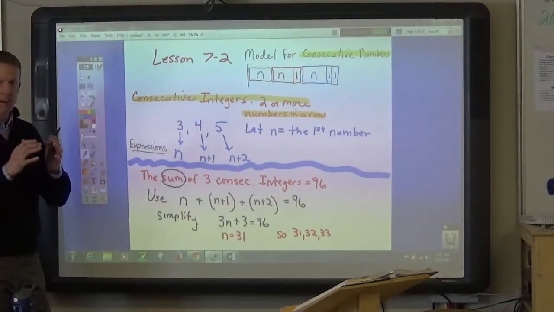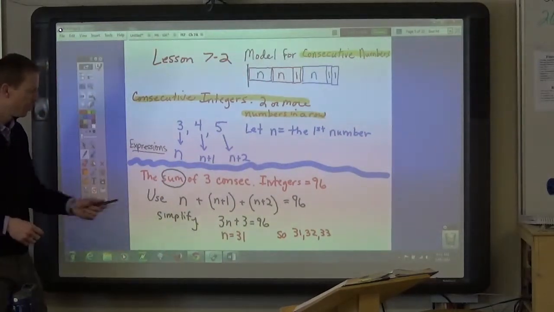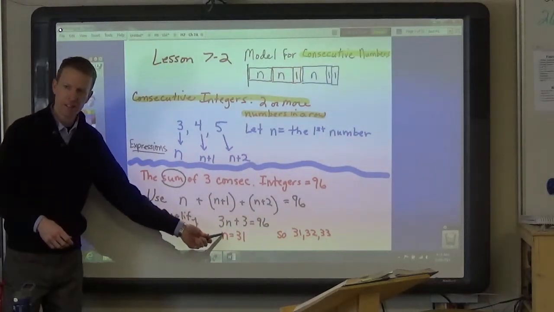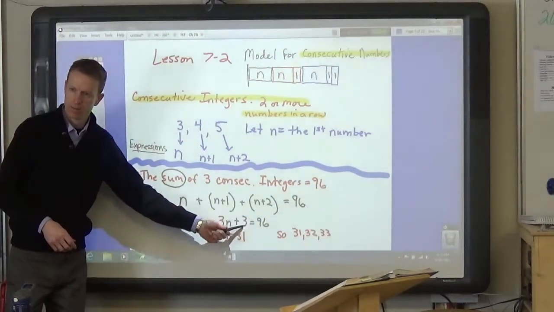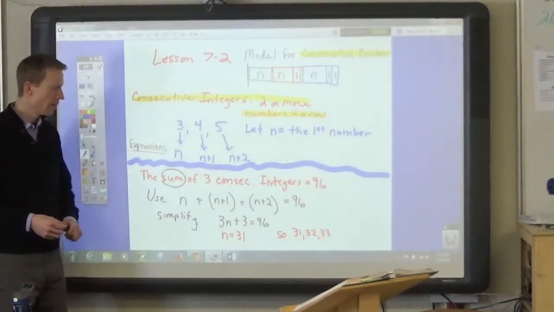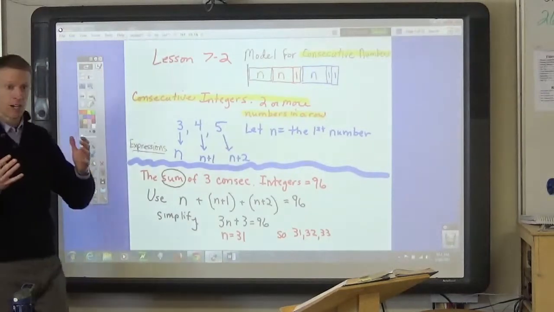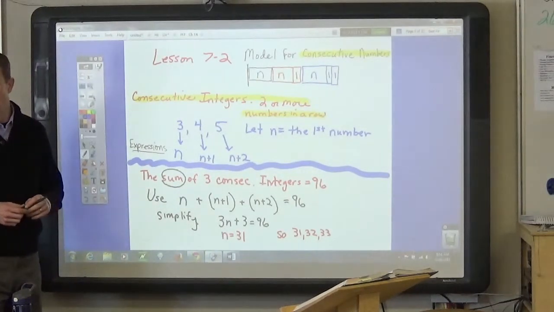So we can simplify this whole expression as 3n plus 3. Does everybody see that? 3n plus 3 is then the expression for 3 consecutive integers. Okay?